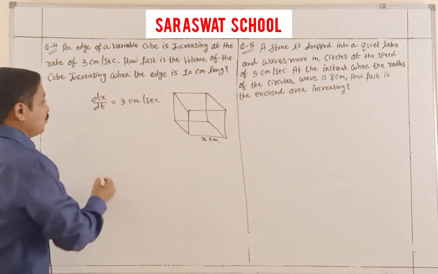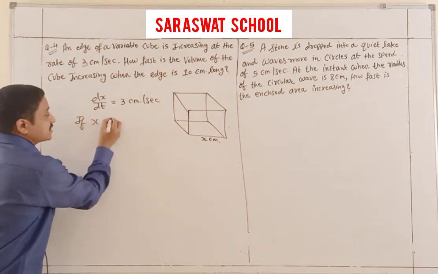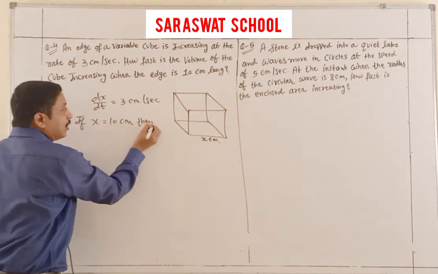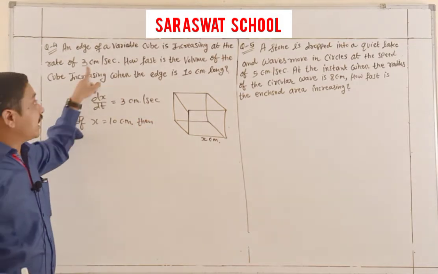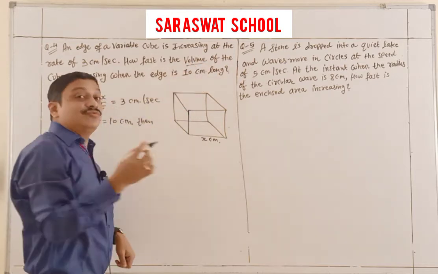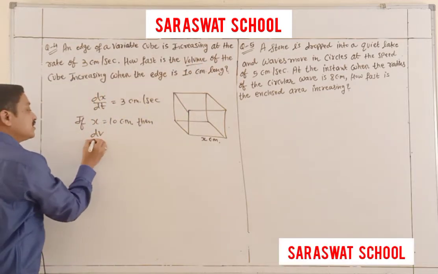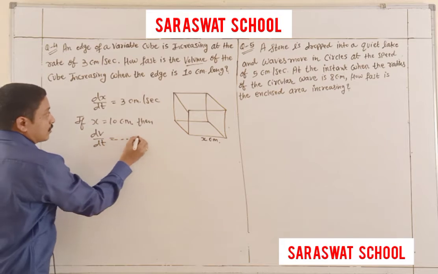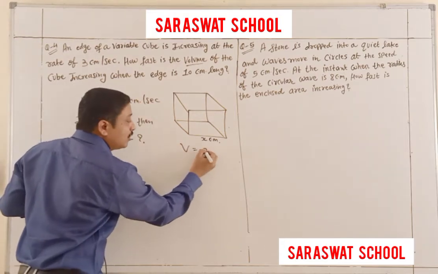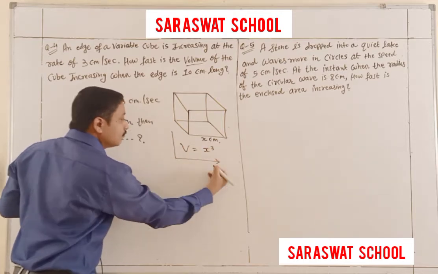And if the edge x is given as 10 centimeter long, what is the target? The target is how fast the volume is changing. Volume means V, so here it asks dV versus dt. Because time is given in seconds, and what is the volume of a cube? x cube.